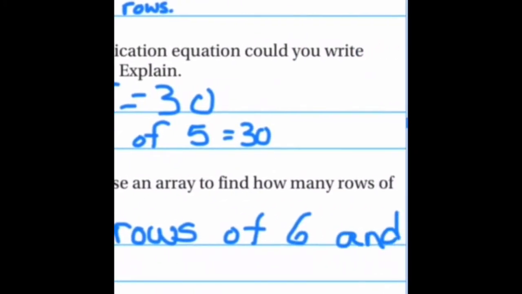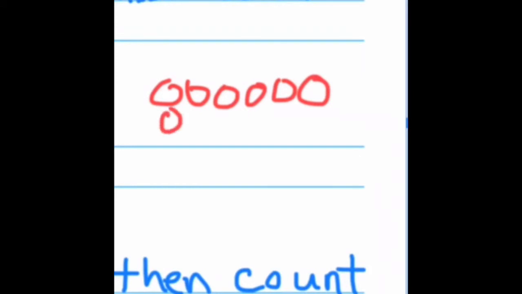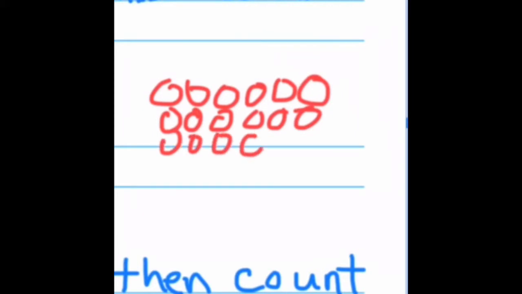And I want to make that for you as well, so you can see the difference. I'm going to make rows of 6. 1, 2, 3, 4, 5, 6, and then go up till I get 30. So there's 7, 8, 9, 10, 11, 12, 13, 14, 15, 16, 17, 18, 19, 20, 21, 22, 23, 24, 25, 26, 27, 28, 29, 30.